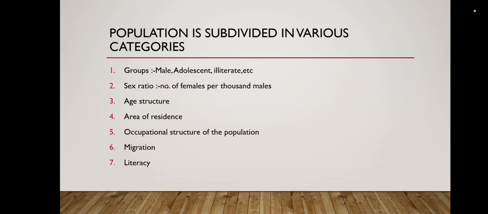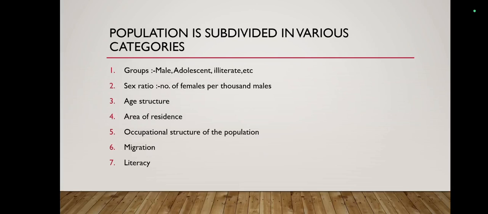In population studies, the ratio of men and women is considered important. The ratio is calculated as total number of females upon total number of males into 1000. When for every 1000 males the number of females is less, the sex ratio is said to be low, and when for every 1000 males the number of females is more, the sex ratio is said to be high.